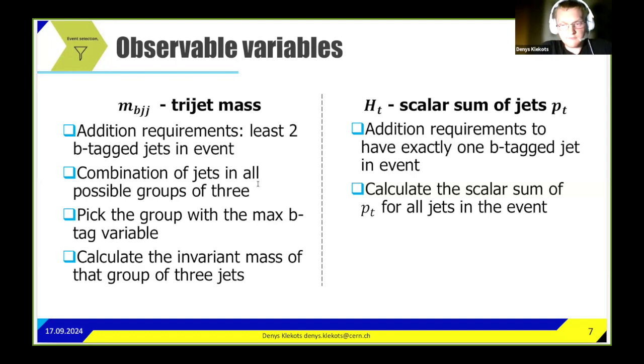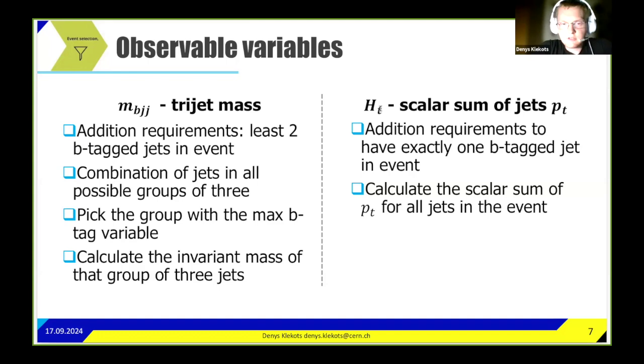We combine from those jets all possible groups of 3. After that, we pick the group which has the largest b-tag variable, a floating point number corresponding to the b-tag, the so-called discriminant. We pick the group of three jets with the larger discriminant and just calculate the invariant mass of those three particles. Here is our so-called three-jet mass.